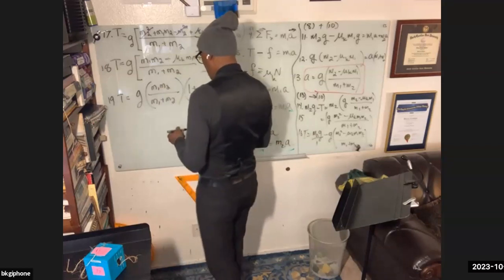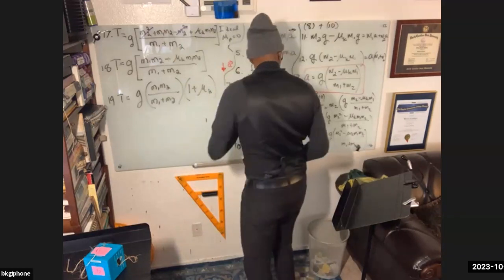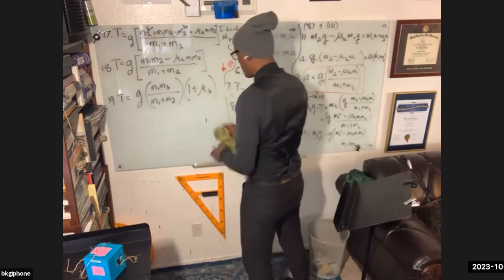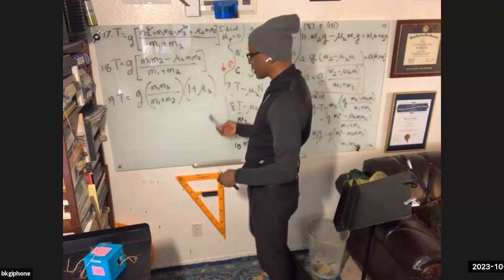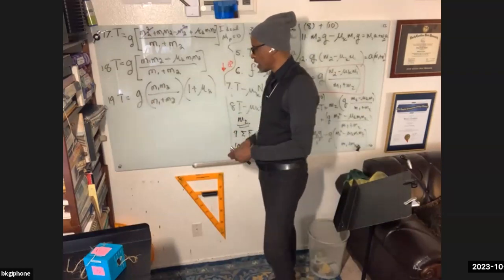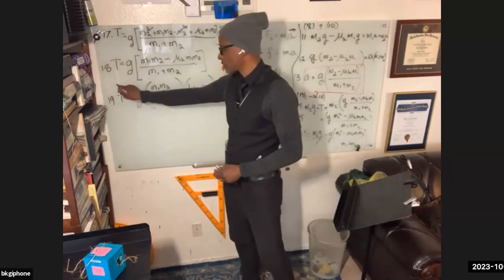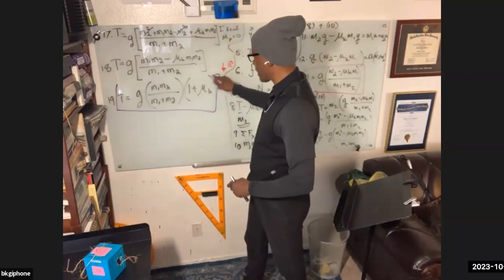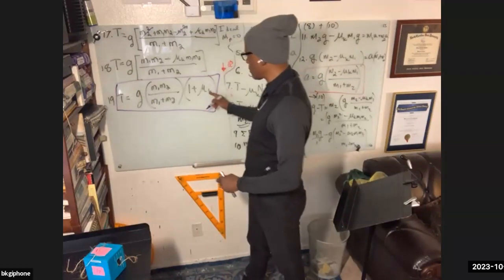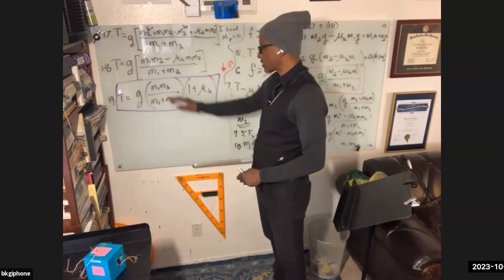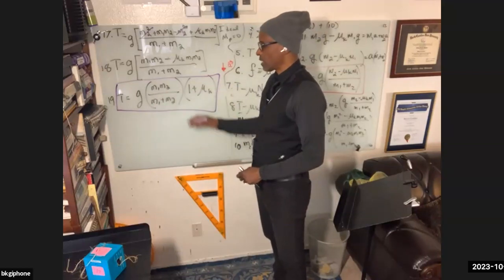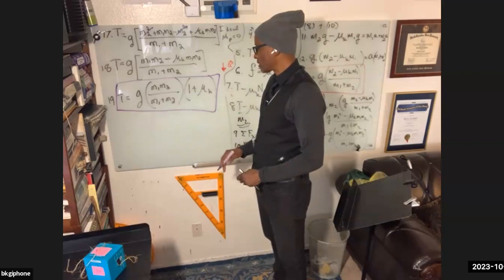And I like it like that because you can more easily evaluate the thing right at that point. Again, you can say the same thing, the friction force increases because I'm multiplying it by this factor of 1 plus mu k. And whenever mu k goes to 0, then the tension force goes back to G times M1, M2 over M1 plus M2.